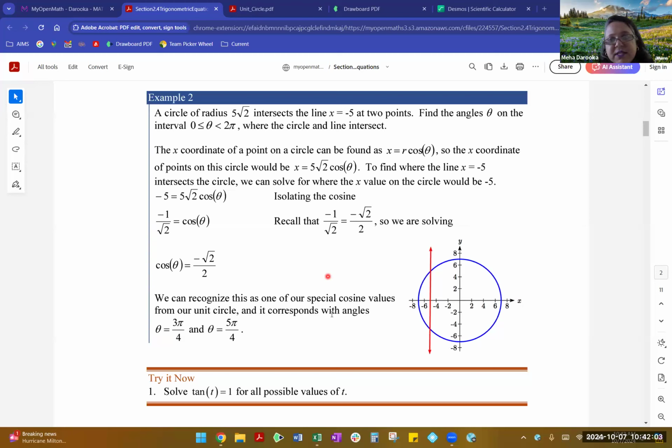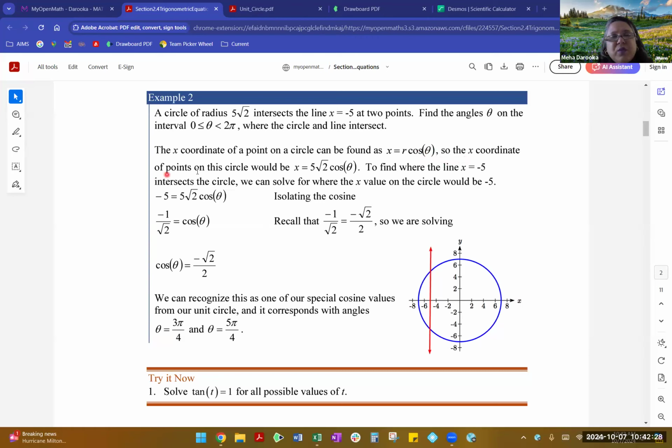Of course, you can see the circle and the line are intersecting at one point over here and a second point over here. They're saying the x coordinate of the point on the circle can be found by using this relationship here, right? And we had talked about this in chapter 1, where we defined x as the radius times the cosine of theta function.